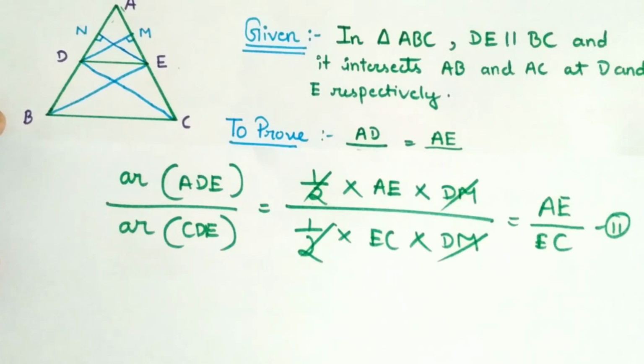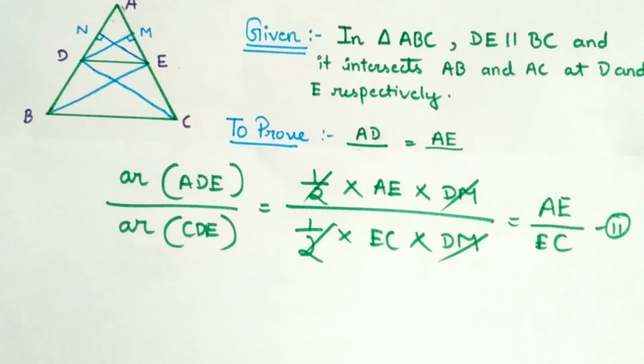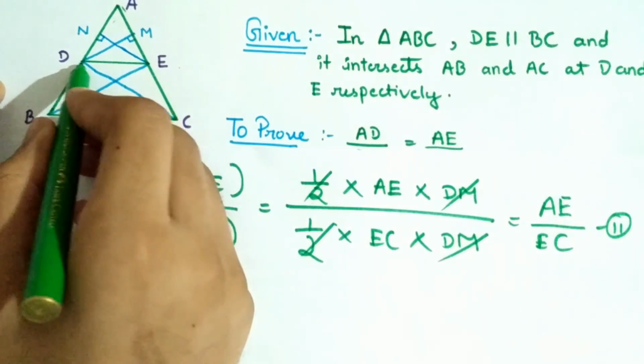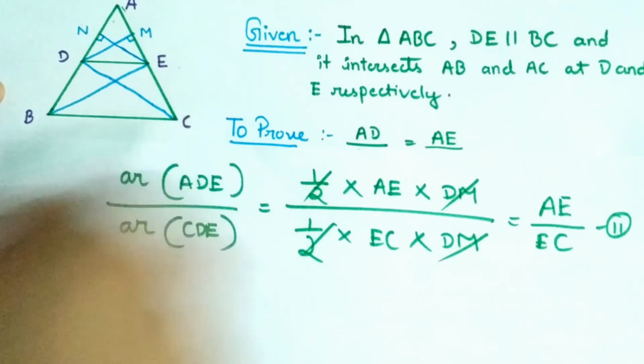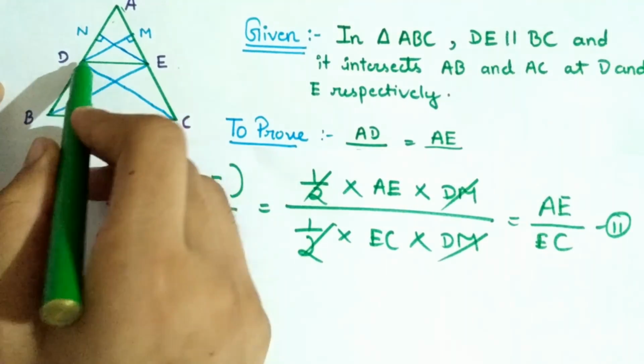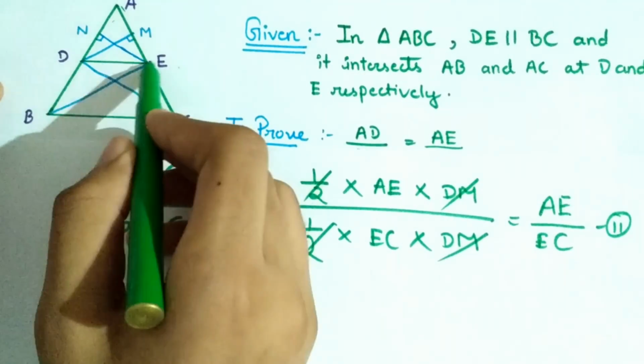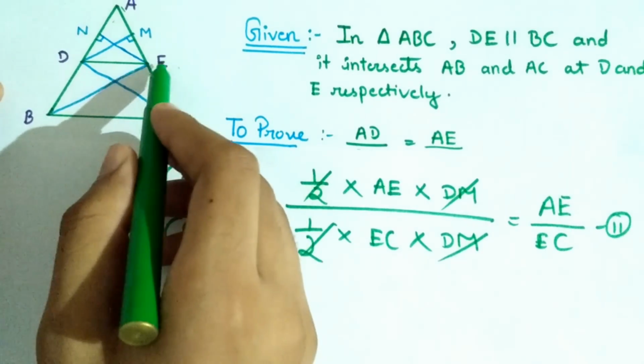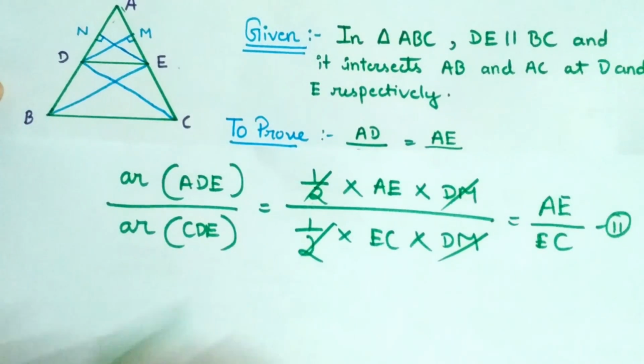Now the third step, you see here, it is the most important part. We have read in previous classes, in the quadrilateral chapter of class 9th, that if DE is parallel to BC, then area of triangle EDB is equal to area of triangle EDC.